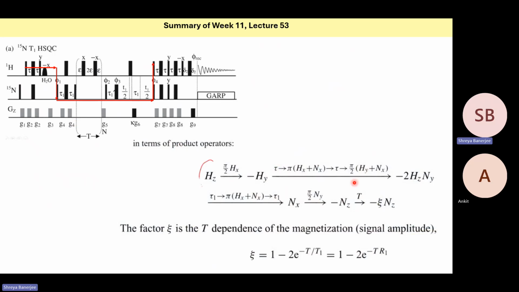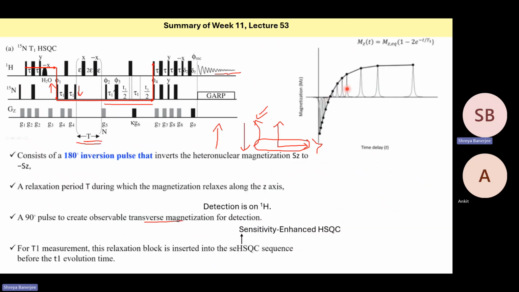This is defined in terms of product operators. We don't need to look into this. What you can remember is that there is a factor epsilon, which is the T dependence of the magnetization, that is the signal amplitude. So you can see there is a dependence of the magnetization on this capital T, that is the time you are allowing for relaxation.